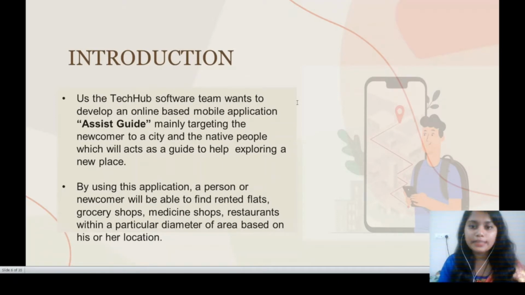By using this application, a person or newcomer will be able to find rented flats, grocery shops, medicine shops, restaurants within a particular diameter of area based on his or her location. The application will be an electronic area guide that we can carry in our pockets all the time, to help us when we move to a new place or area to live or explore.